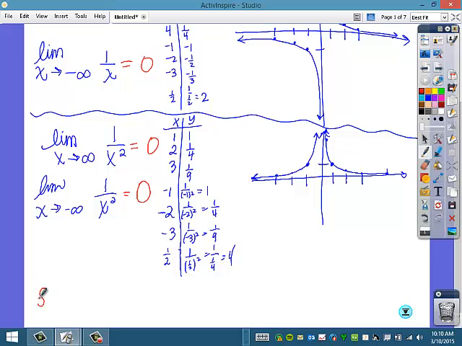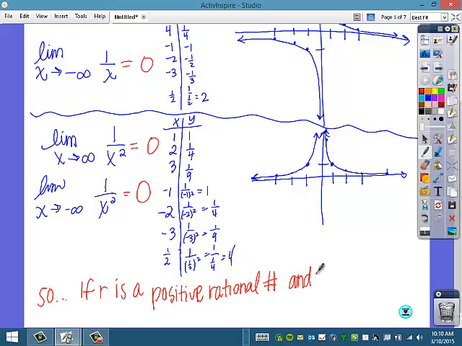So if r is a positive rational number, and c is any real number.